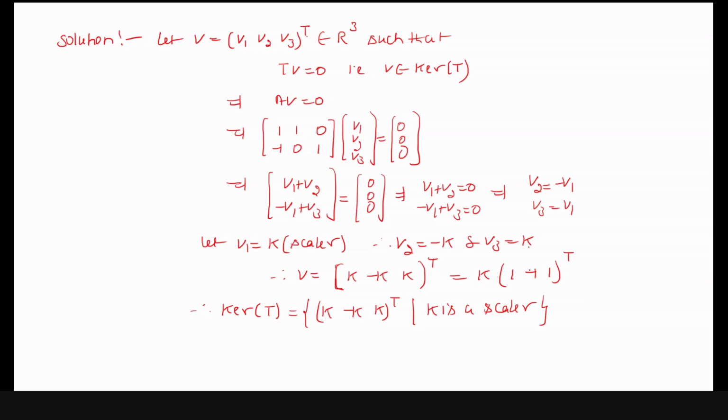The basis has only one vector, so the dimension of the kernel is 1 here. Every element of this kernel can be written as a scalar multiple of this vector (1, minus 1, 1). Any question here?